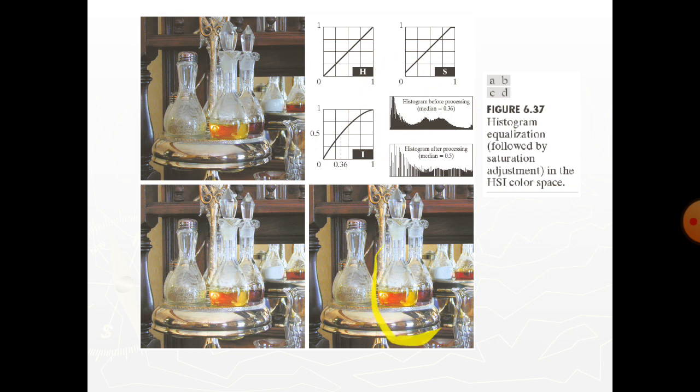This figure shows the result of correcting this partially by increasing the image's saturation component subsequent to histogram equalization using the transformation in this figure. This type of adjustment is common when working with the intensity component in HSI space because changes in intensity usually affect the relative appearance of color in an image.